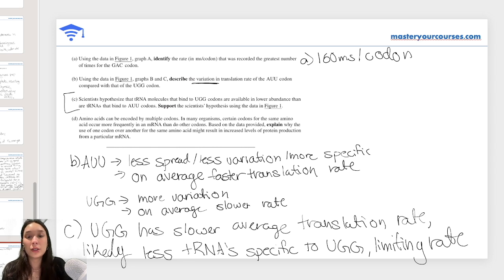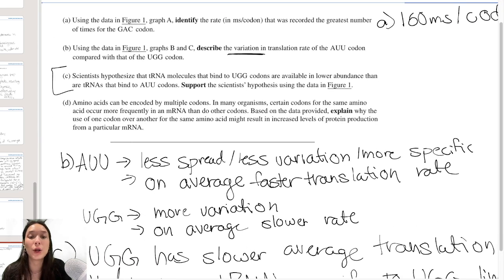So you really just had to justify the fact that in figure 1, you can see that UGG is slower, and UGG being slower does make sense if it does have a lower abundance of tRNAs, right? It's going to take longer to find the right tRNA and bring it over, which is going to slow down translation rate. Now the last one, D, says amino acids can be encoded by multiple codons.